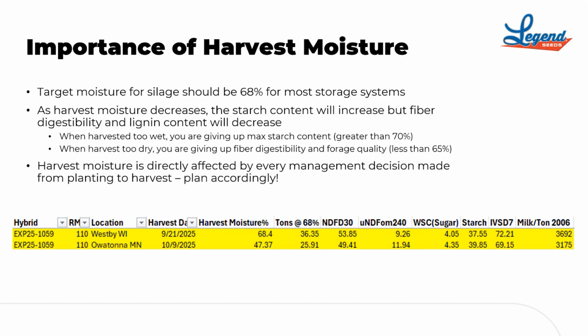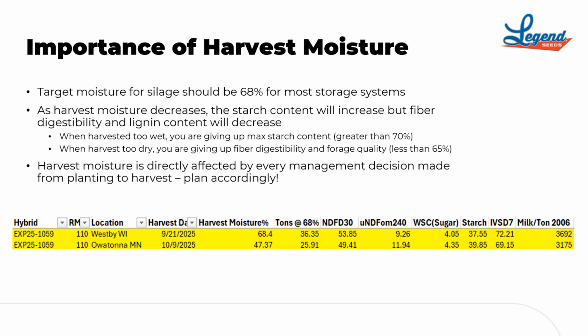Just to show you the difference in what happens, and this is an extreme case, I just wanted to show it, and I blame Steve Ressler for this a little bit. That's a side story. In West Bend, Wisconsin, we had that EXP 25-10-59 harvested at ideal moisture, 68.4, 36-ton corn silage, fiber digestibility 53.85, which in the realm of corn silage is not the best, but last year fiber digestibilities were 4 to 5 points lower in the whole upper Midwest from the year before.